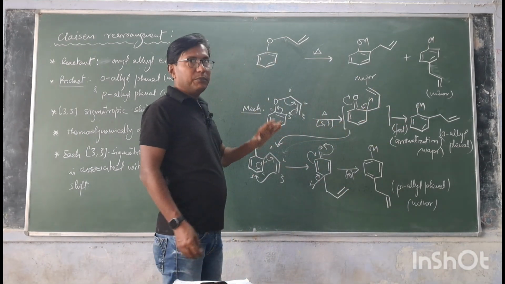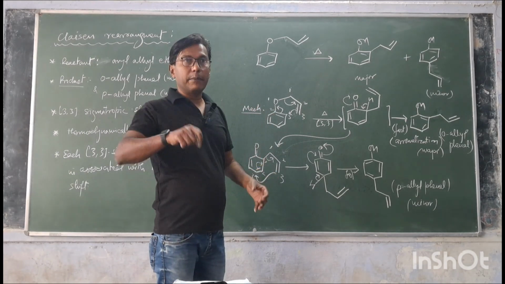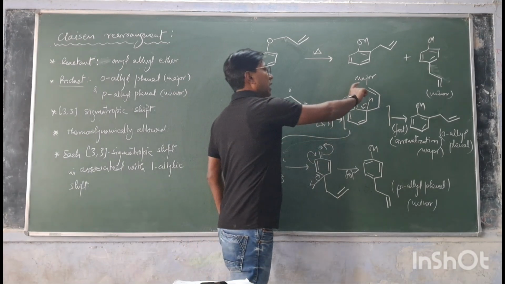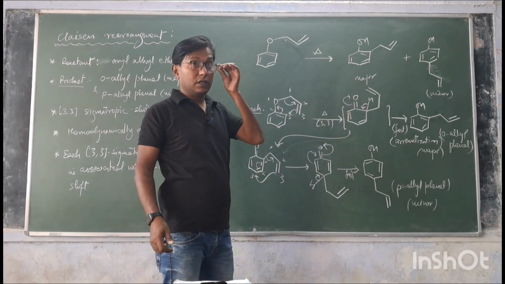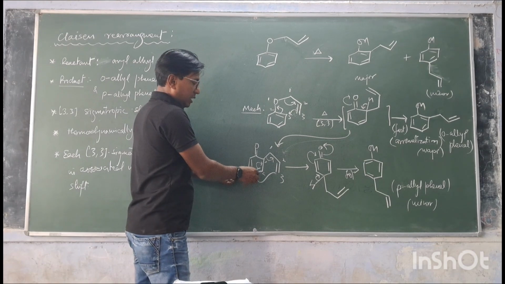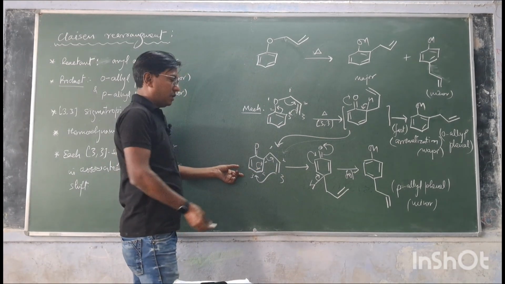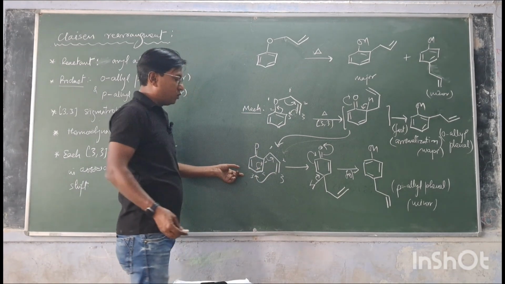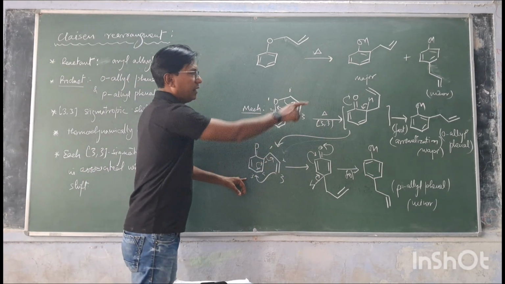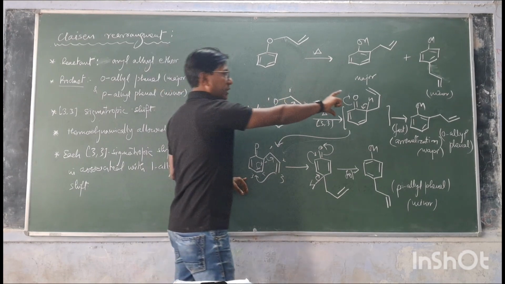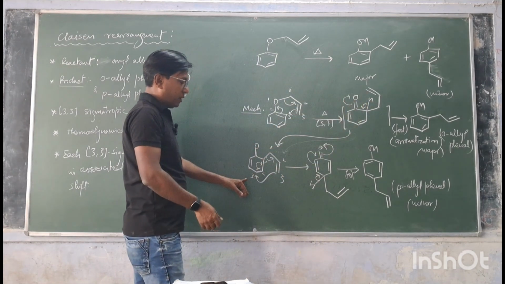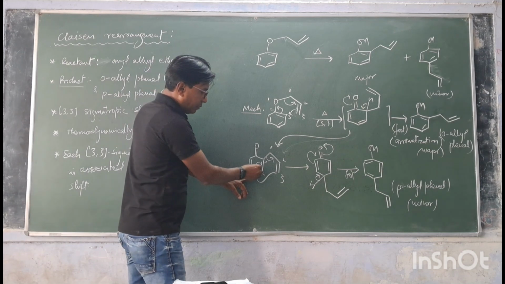But if by chance it happens, there is a probability that before this aromatization takes place, one more [3,3] sigmatropic shift can occur, involving the para position. If the bonds involving the para position are involved in this [3,3] sigmatropic shift, then I have written this species so as to have a better idea of where the shifting is taking place.